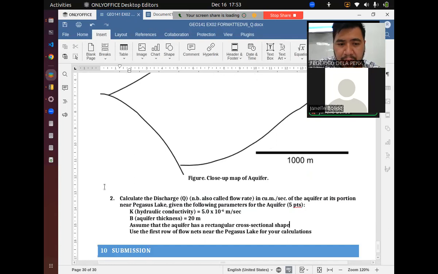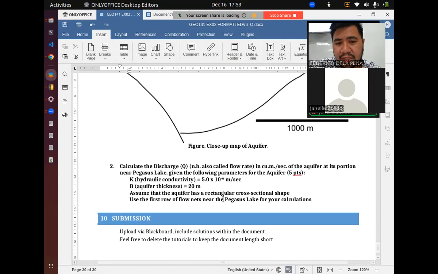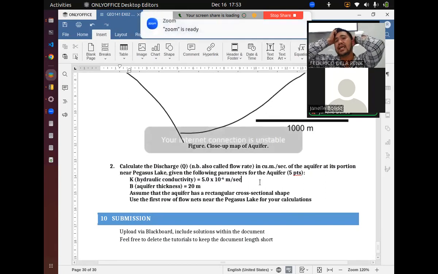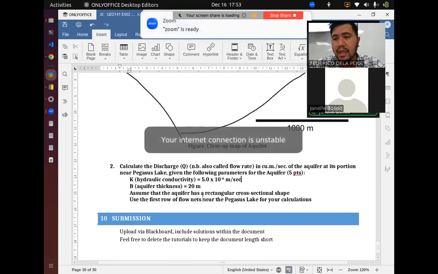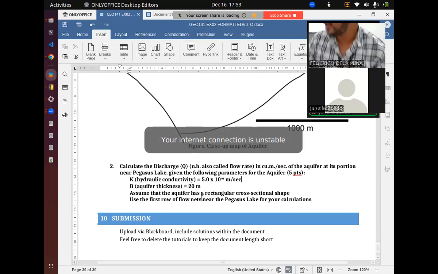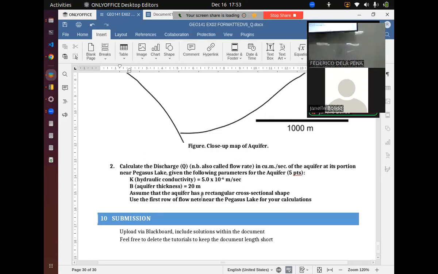Okay. So again, to calculate the discharge of an aquifer, you can use the Darcy's law. So Darcy's law is Q, or discharge, is KIA. K is your hydraulic conductivity, which is given, no?